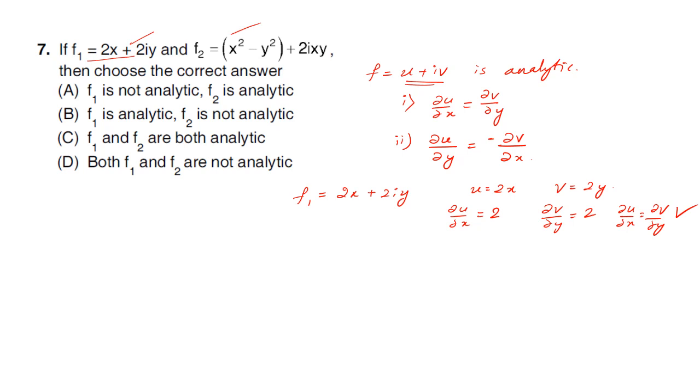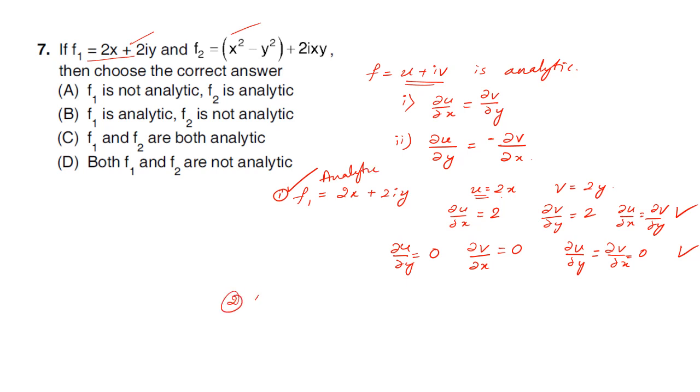Then the second one, dou u by dou y, the partial differentiation of u with respect to y is 0. Then dou v by dou x is again 0. So dou u by dou y is equal to dou v by dou x, both are equal to 0. Therefore, the second condition is also satisfied here. Therefore, we can say that function f1 is analytic.